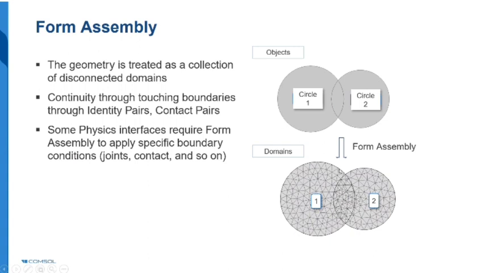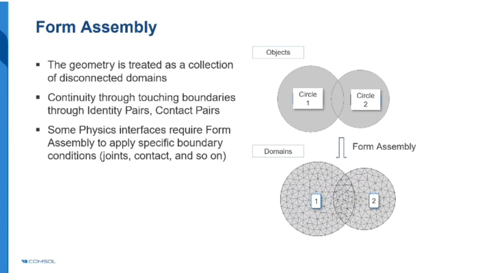That means you can have the mesh done independently for domain 1 and independently for domain 2, and the part which appears to be common to circle 1 and circle 2 will get meshed separately from domain 1's point of view and from domain 2's point of view. Another thing to notice for form assembly is that these boundaries are not common between these two domains. That means the field continuity will not be maintained.